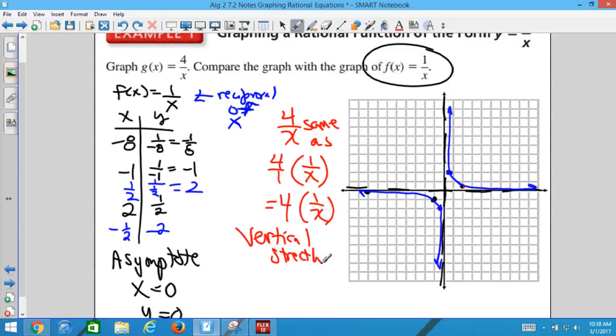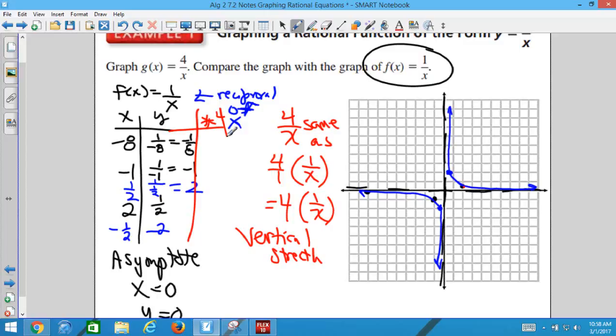That means in my chart, I'm going to take which variable and multiply it by 4? The y variable, the vertical one. So in my chart, I'm going to take the y's and multiply them by 4. So all my y answers that I got, multiply by 4. And you don't have to do every single one, but you just need to do some of them so you can figure out what the shape looks like.